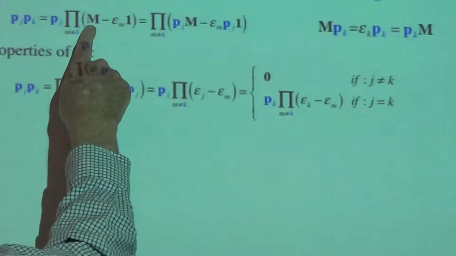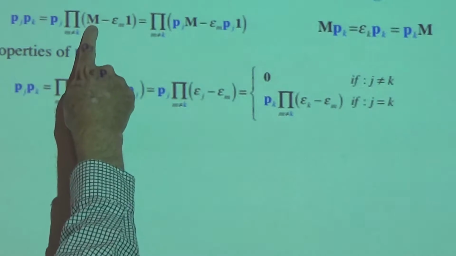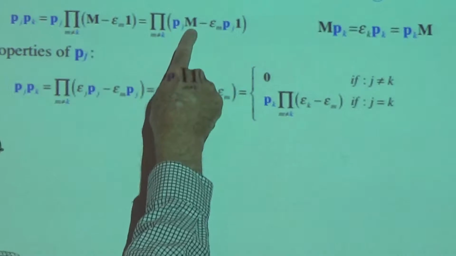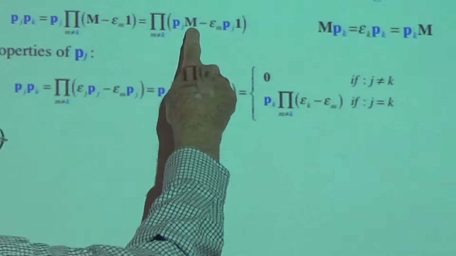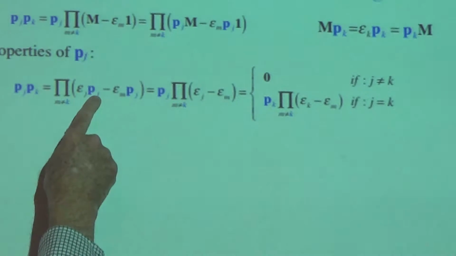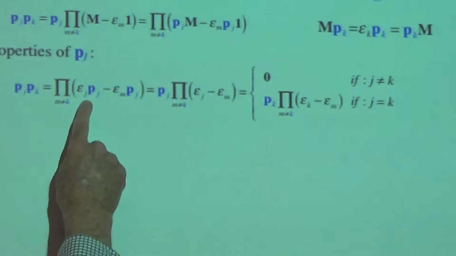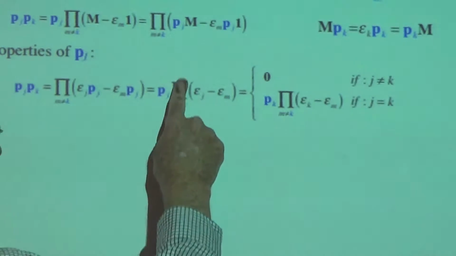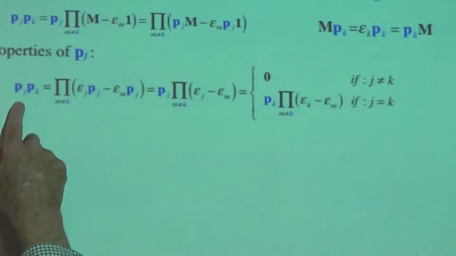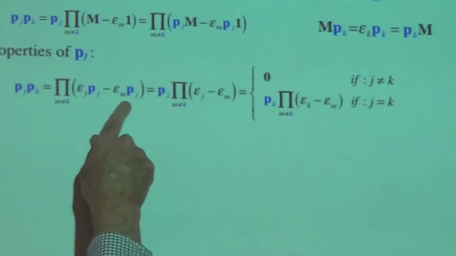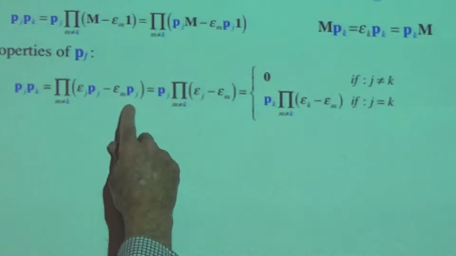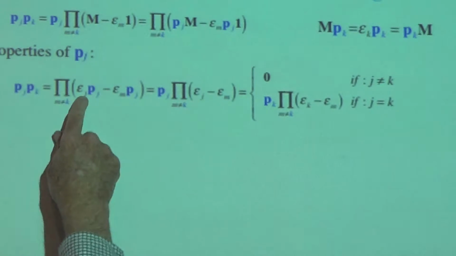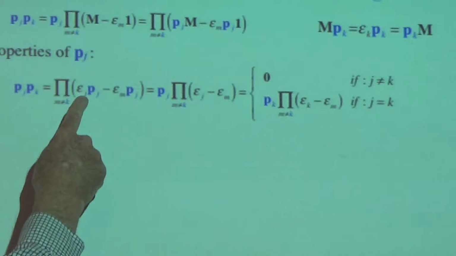Okay, so this pj times M, we already know what happens to that. That just gives me an epsilon j pj. Okay, so here's the pj multiplied by another factor. And this is the idea of this. This one is without a k, so this is all m except k, and this is all m except j.